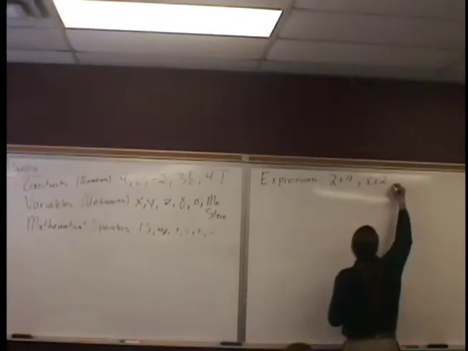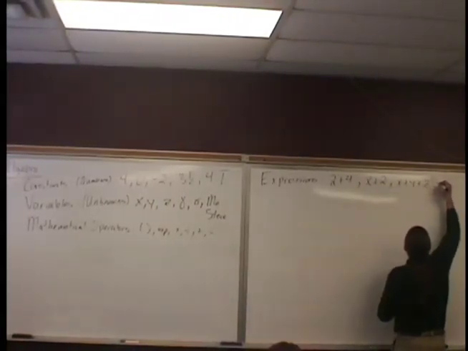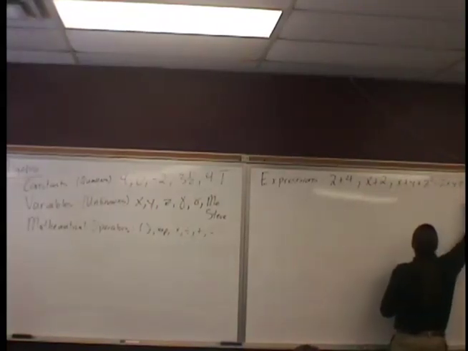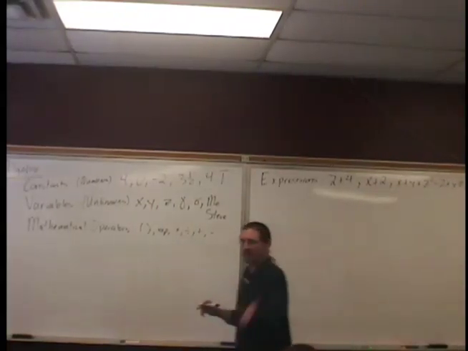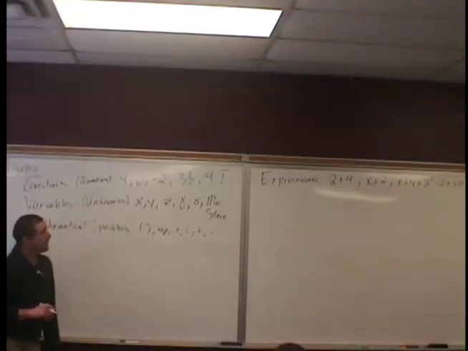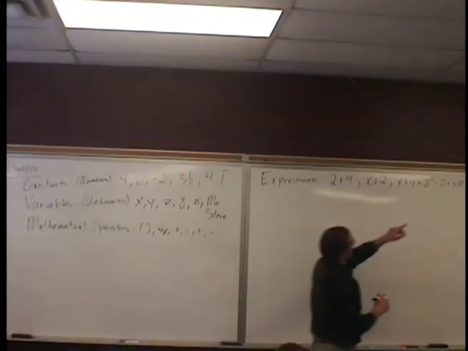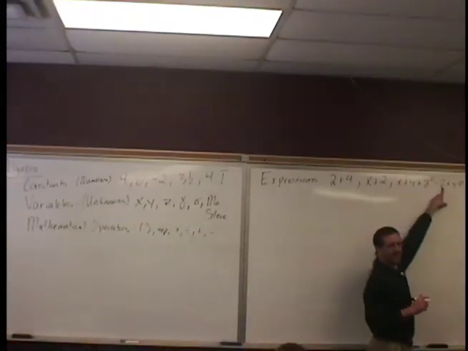Obviously, you can have expressions that are nasty, with lots of different constants and variables floating around in them. One thing that I like to point out to students, this 2 out in front of the x, what does that mean? Times, right?